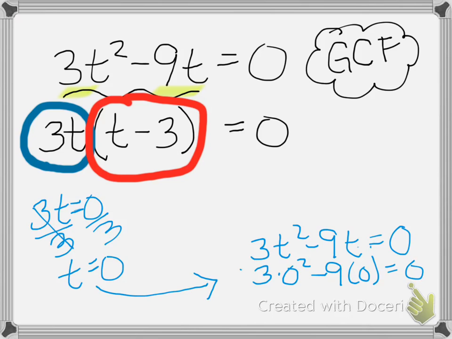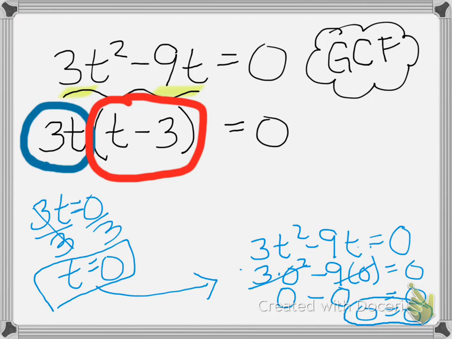And I'm just going to solve the left side of the equation. So 3 times 0 squared is 0, and 9 times 0 is 0, and I have to do my multiplication first, right? And that's going to be 0 equals 0. So if I come out with an answer down here that's true, does 0 equal 0? Yes, of course it does. Then I know that this is one of the solutions.